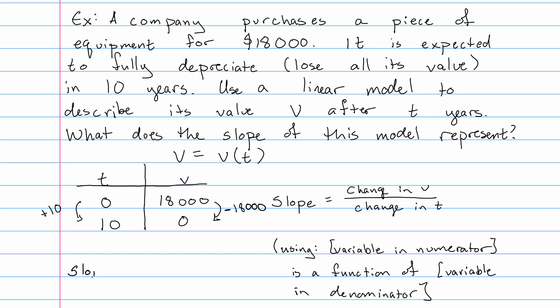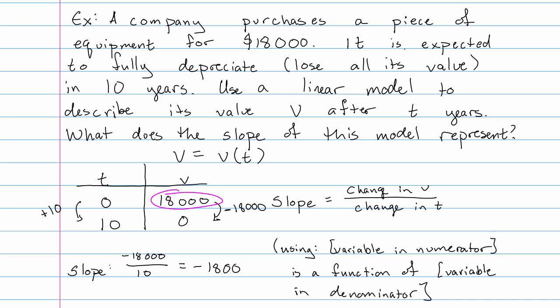So our slope is the change in v, negative 18,000, divided by the change in t, 10, so negative 1,800. So that's our slope. We were given our intercept. We were given our starting value.